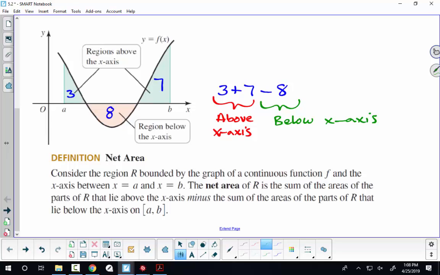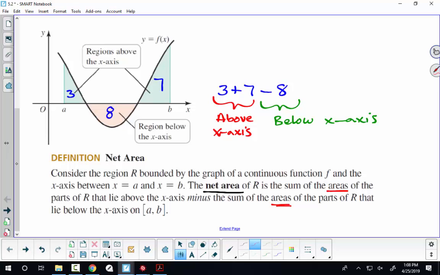That's what the definition is telling us. The net area of some region is the sum of the areas that lie above minus the sum of the areas that lie below the x-axis. It's implicit here that the areas above and below are both positive quantities.